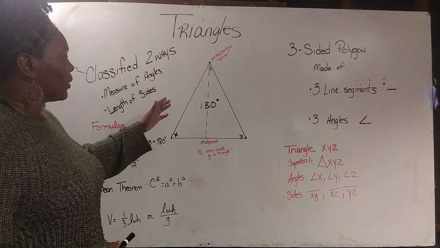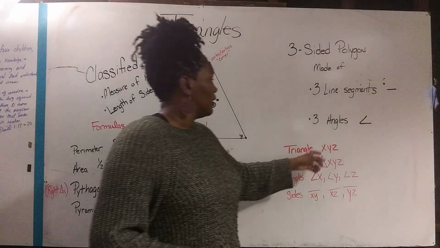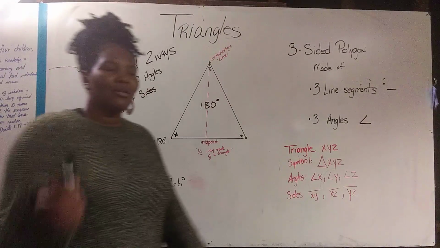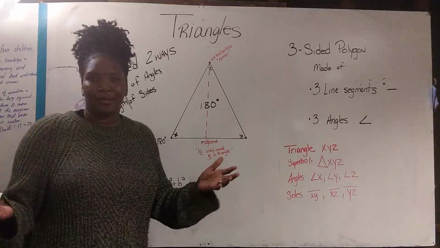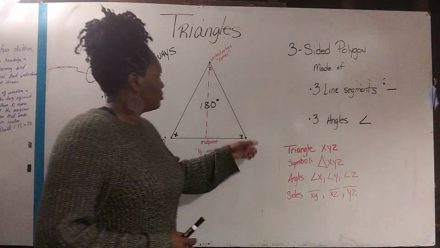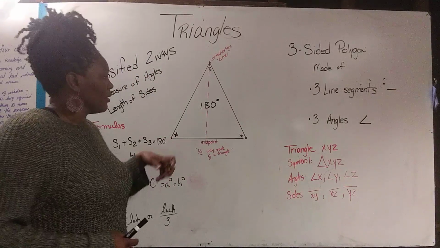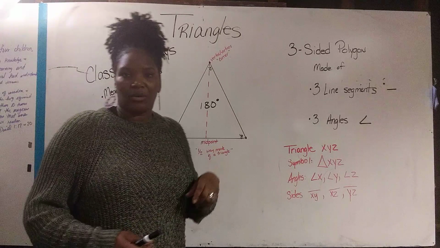The way we would read this triangle, the way it would be said is this is triangle XYZ. And you need to know, for some reason, I don't know why, when you name a triangle, you call out the angles in counterclockwise, okay?